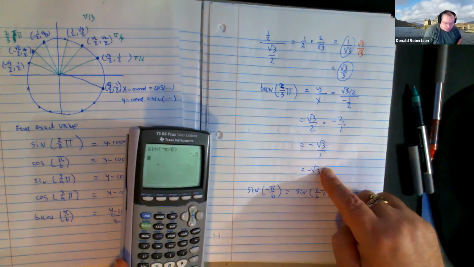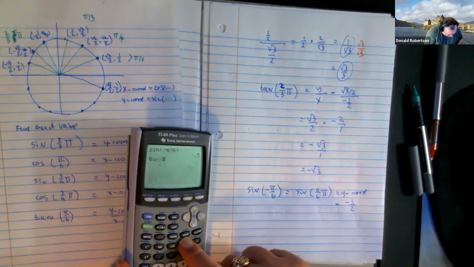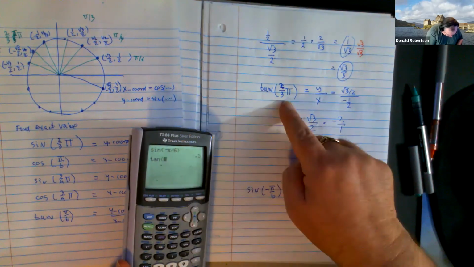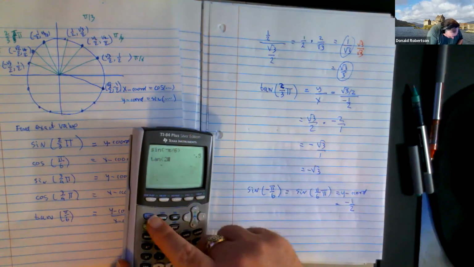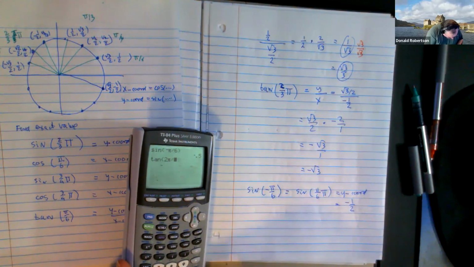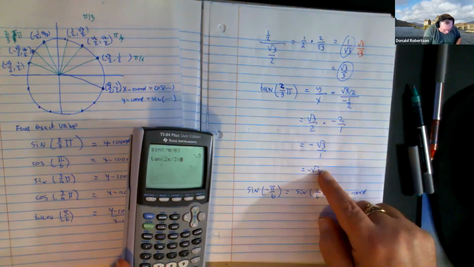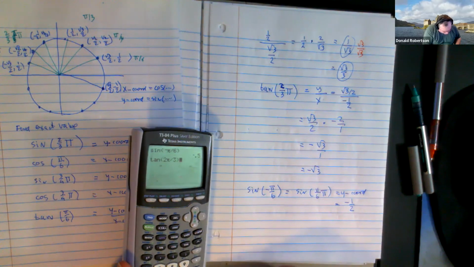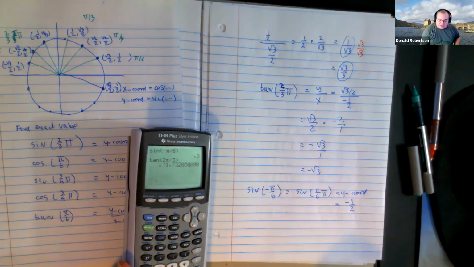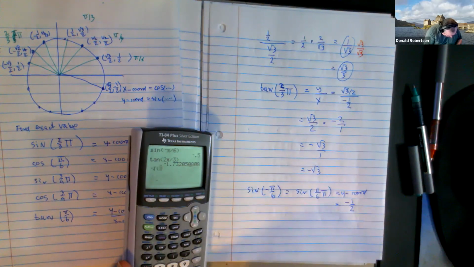Now, what about weird ones like that? It also works. If I go tan of 2/3 pi, so I'll call that 2 pi divided by 3, which is the same thing. I'm going to get a really ugly negative decimal, I hope. You see that really ugly negative decimal? What I'm now going to do is find out what negative square root of 3 is.